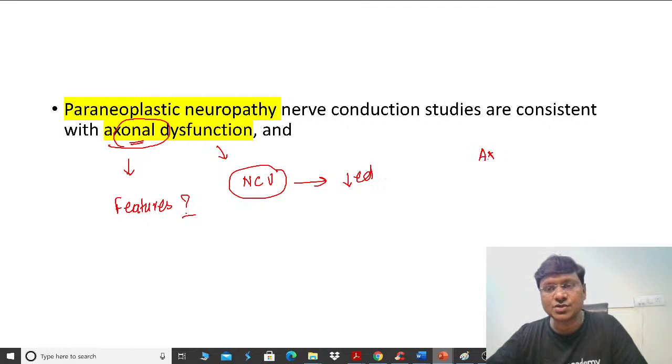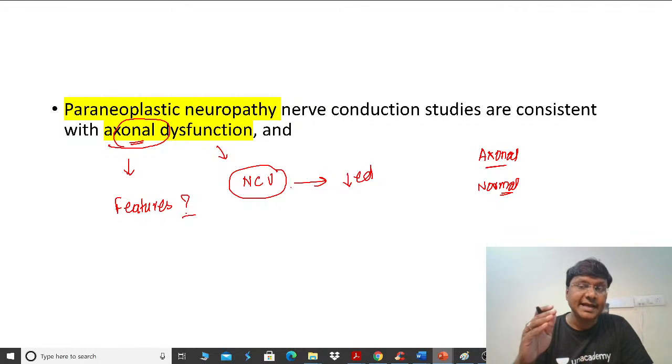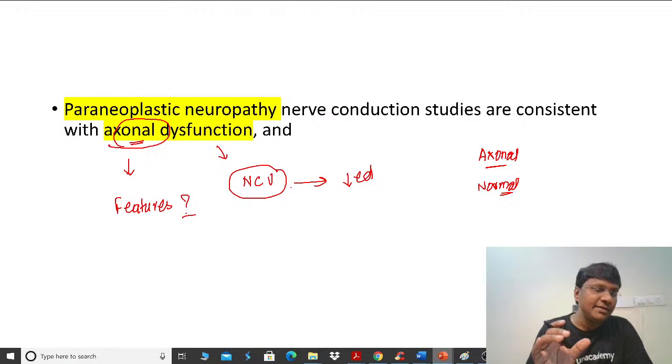But in axonal neuropathy, the nerve conduction velocities remain normal. This is one of the very important differences between axonal neuropathy and demyelinating neuropathy.